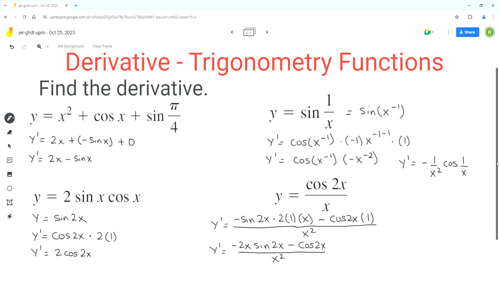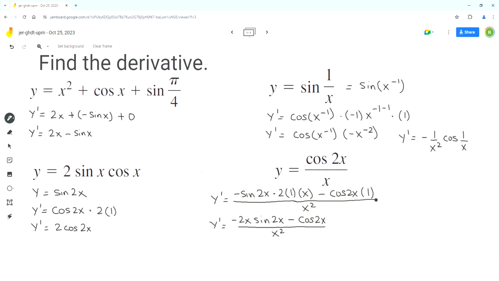So this can be the final answer for the derivative of this function, or you can even break it up, and that can be another form in which you can present the answer. We can break it up into two fractions.